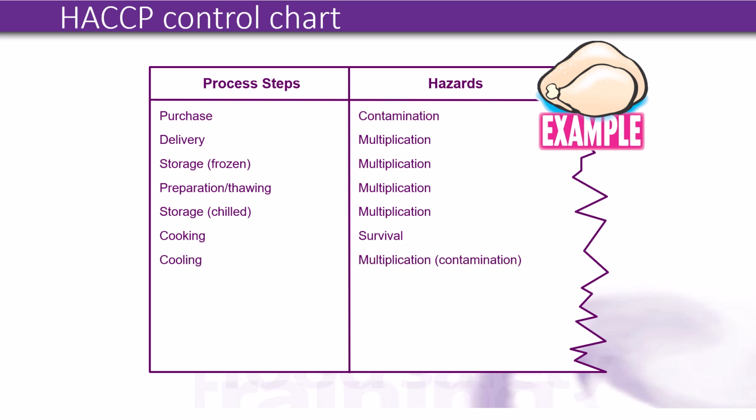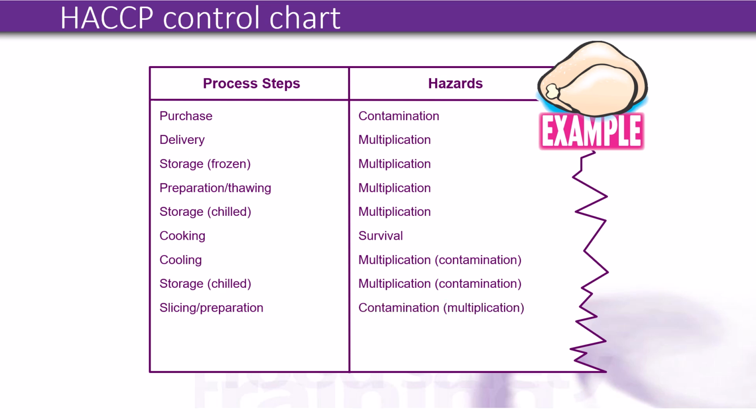Cooling, you could get multiplication if it's cooled over a long period of time or not under controlled conditions. Storage in chilled fridges could be multiplication, again, if the temperature is not low enough.